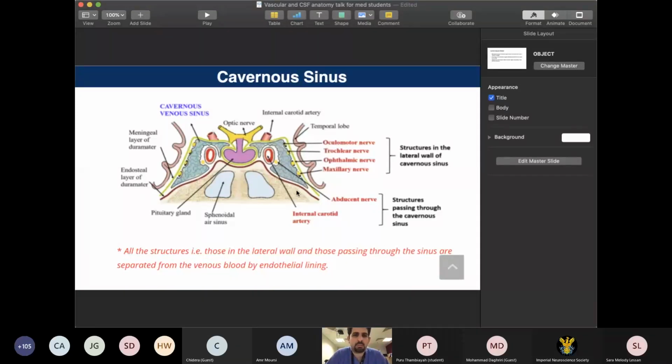But this remains a venous sinus. It's connected through multiple draining veins. The petrosal veins that I mentioned draining outwards.